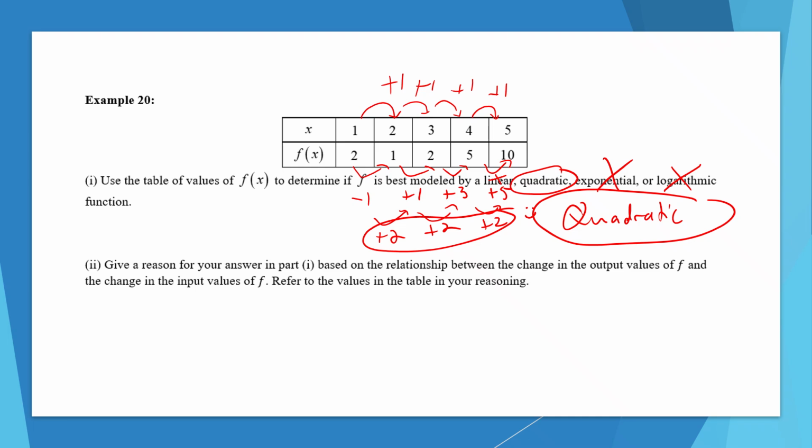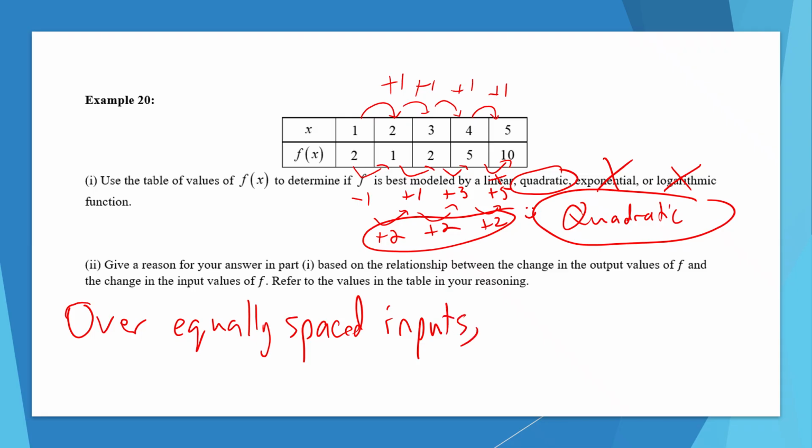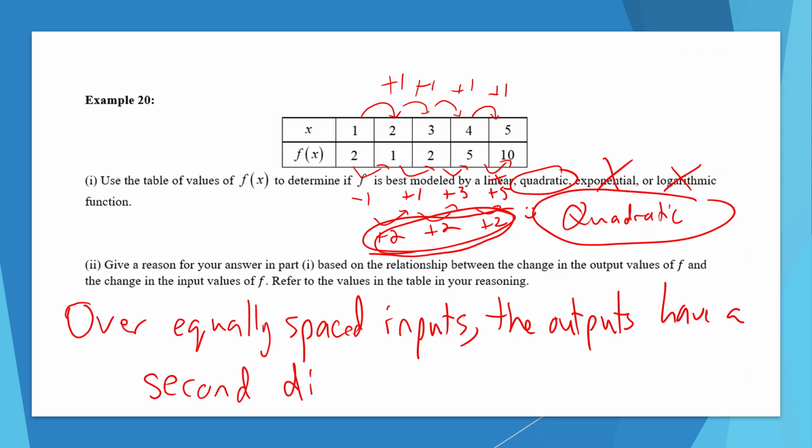Part 2 is where we give our reason. So here I always like to start, if it's linear, quadratic, or exponential, with: over equally spaced inputs, the outputs have a second difference of plus 2.